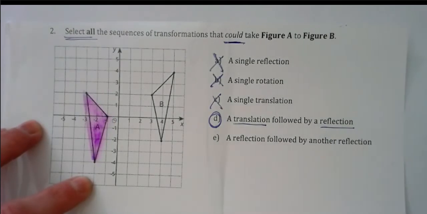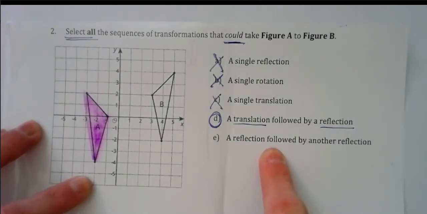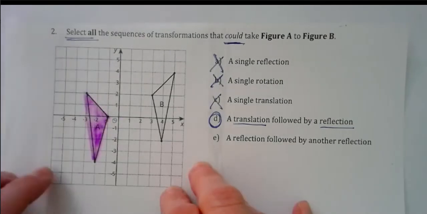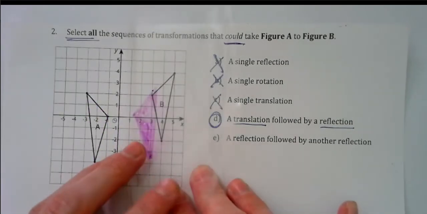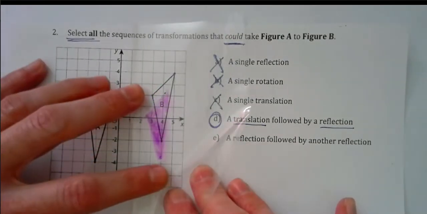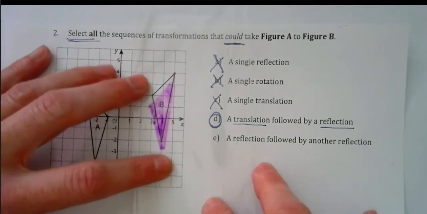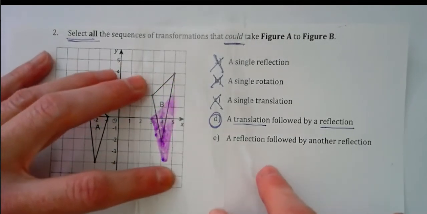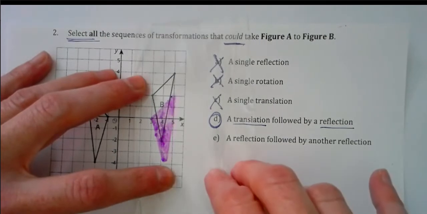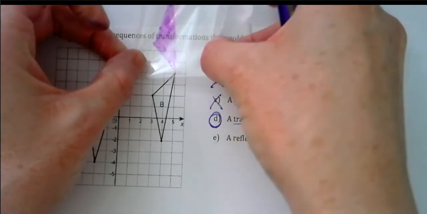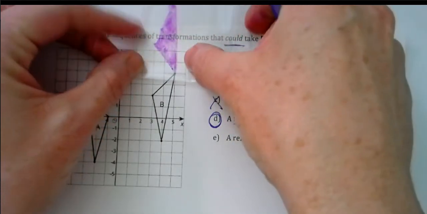So now let's look at E. A reflection followed by another reflection. If I were to reflect to the right, I would then need to translate up. If I reflect to the right and then try to reflect again, I'm not lining up.